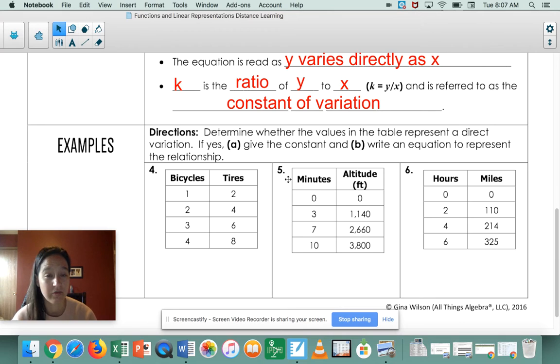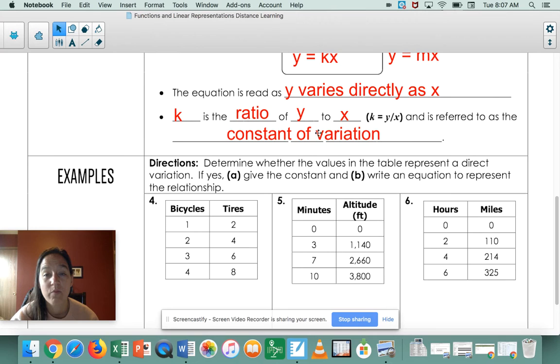In order to do that, I have to pick 2 points, put them as a fraction, divide, and see if they're equal. If they're equal, they're proportional. They have a direct variation. If they're not, there's nothing more that I'm going to do. But if they are, I'm going to write an equation to represent the relationship using this y equals kx here.